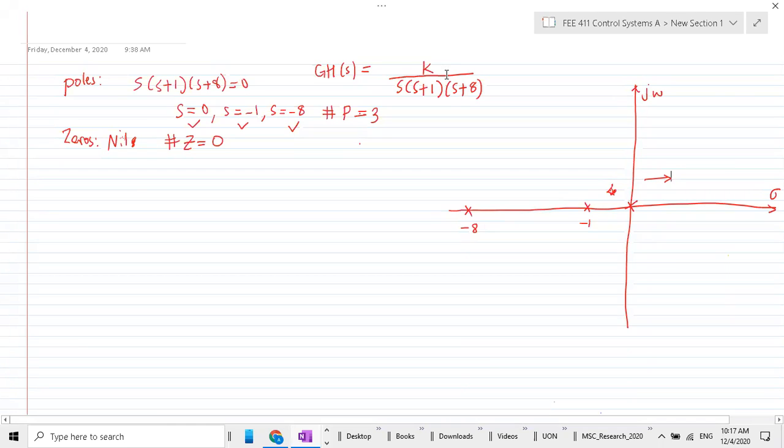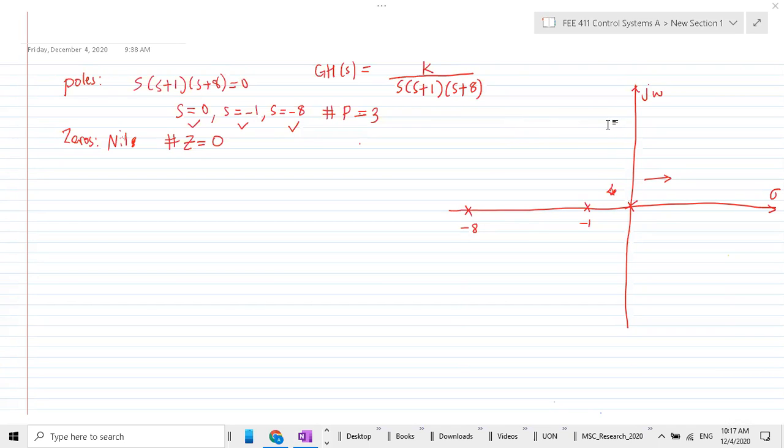How many poles and zeros are there in that direction? 1, which is odd, right? If it is 1, it's odd because we just have this one here.